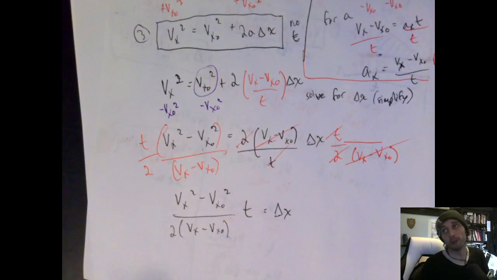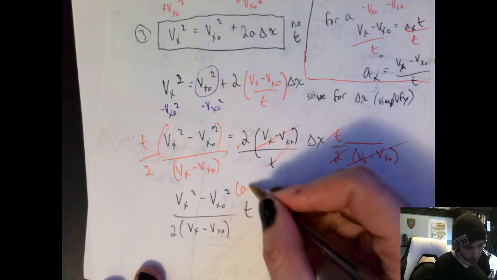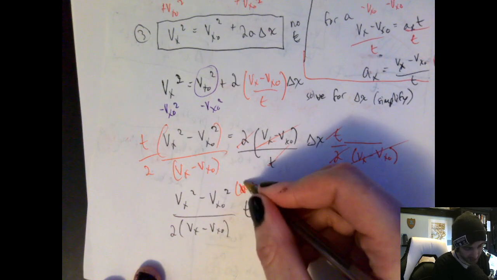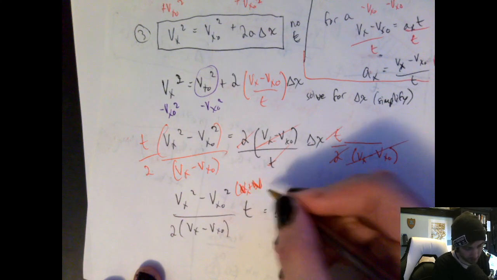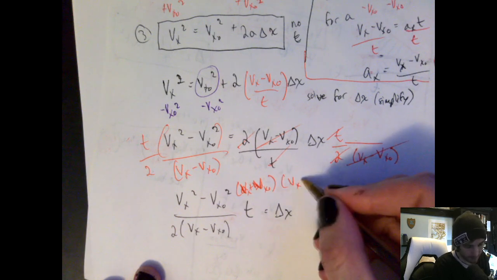I want to do one more thing, which is to use an identity from algebra, which is that a squared minus b squared is equal to a plus b, in this case, a is Vx and b is Vx naught, times a minus b.